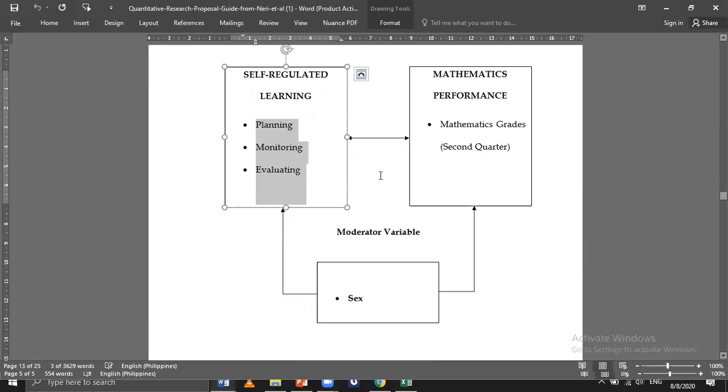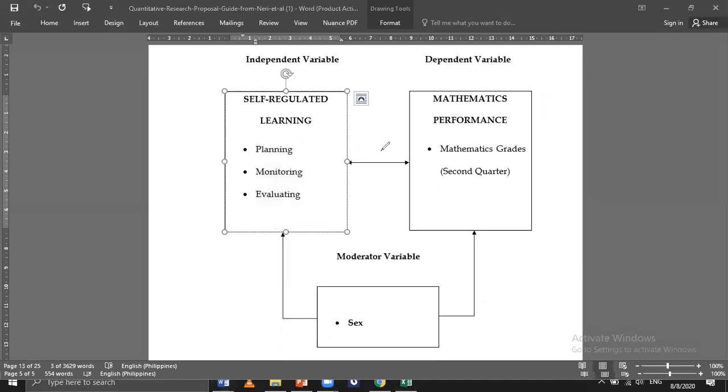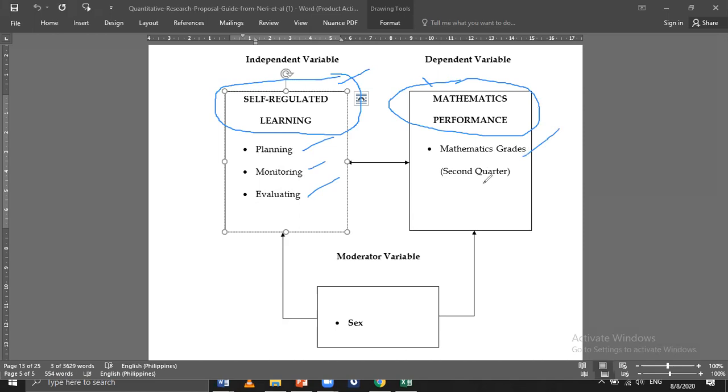Okay. There are times when you do a research and you can't just measure self-regulated learning and mathematics performance. So to measure self-regulated learning, you need to measure planning, monitoring, evaluating, and to measure mathematics performance, you need to measure mathematics grades. However, you believe that sex or gender plays a role in the effect of self-regulated learning on mathematics performance.